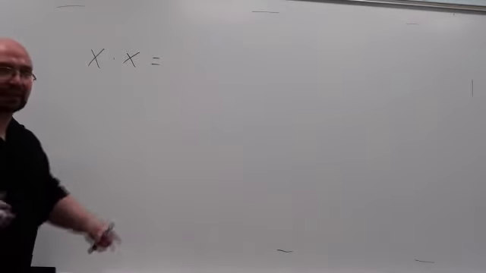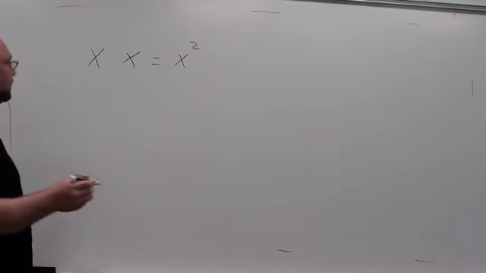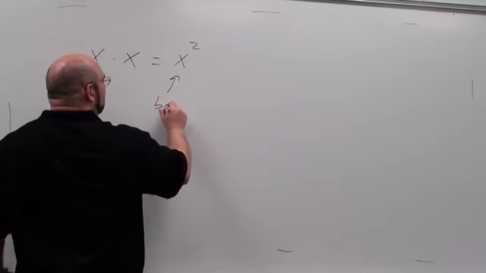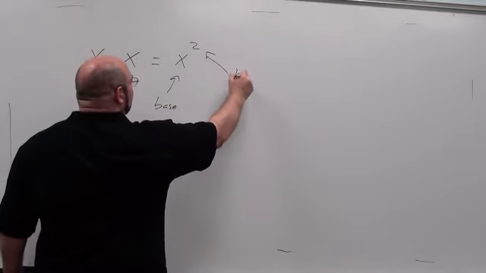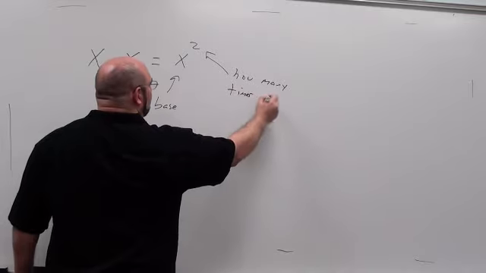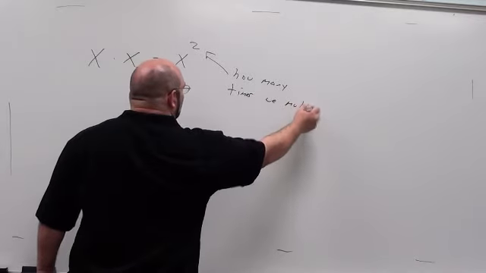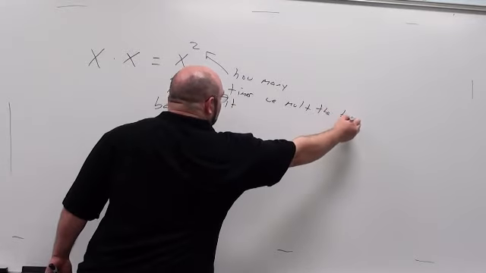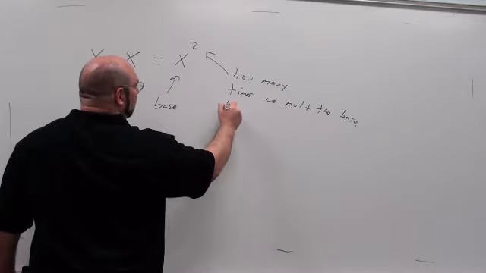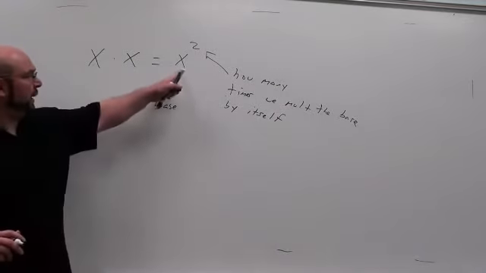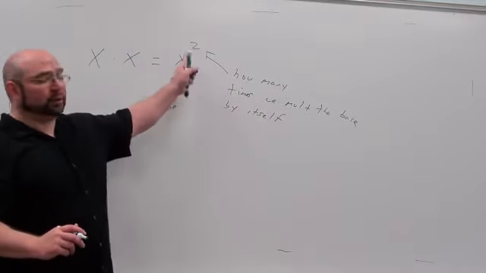X times x squared. We know this because essentially what this does is let us know, here's our base, and this is how many times we're going to multiply my base.